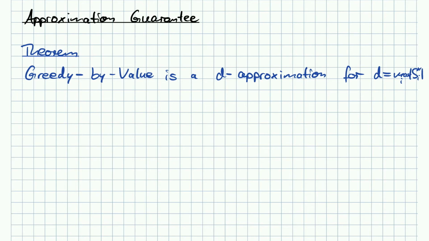Well, we show this like we show all approximation guarantees, namely we see what our algorithm does versus what the optimal allocation, the social welfare maximizing allocation, does.